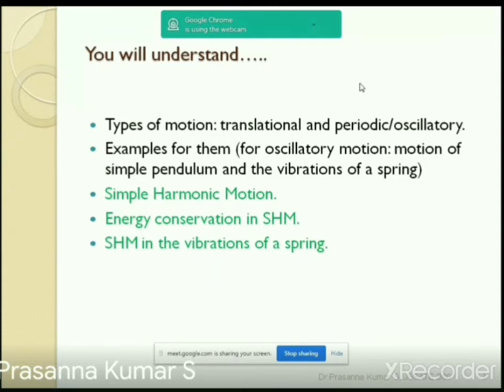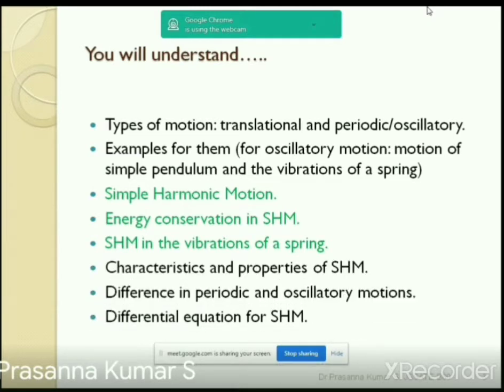Similarly, the vibration of the spring also satisfies the conditions of simple harmonic motion. Probably at the end of today's session, you'll be able to understand the characteristics and properties associated with simple harmonic motion.